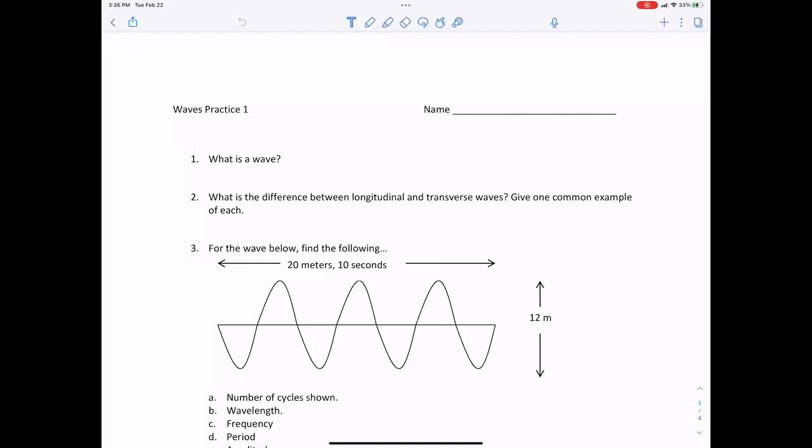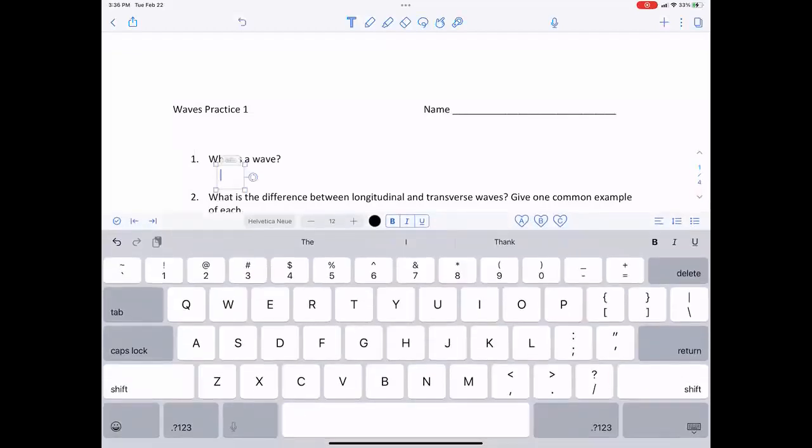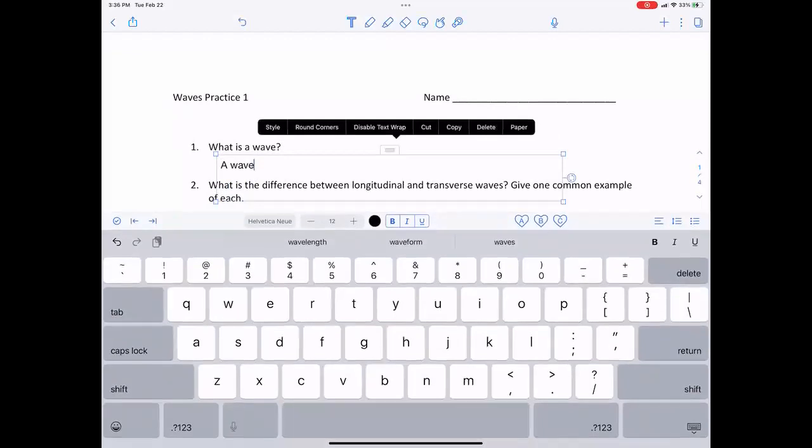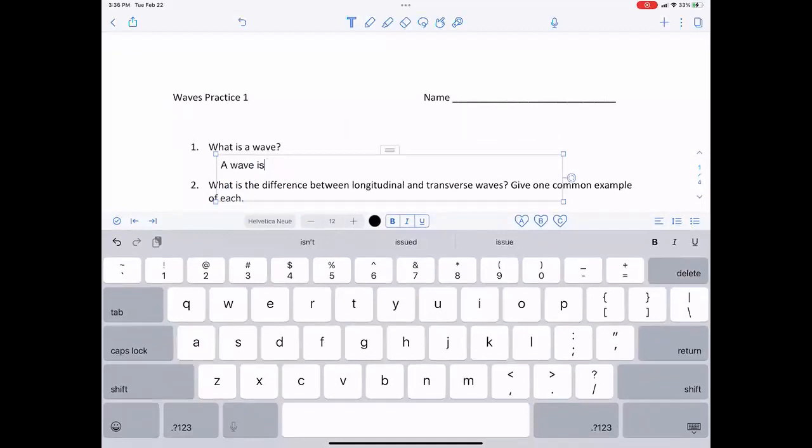Let's begin. Number one, what is a wave? A wave is some means of transferring energy. Now, a mechanical wave is a disturbance of a substance or a medium to transfer energy.